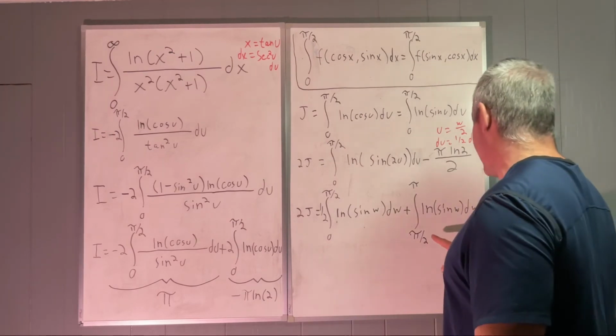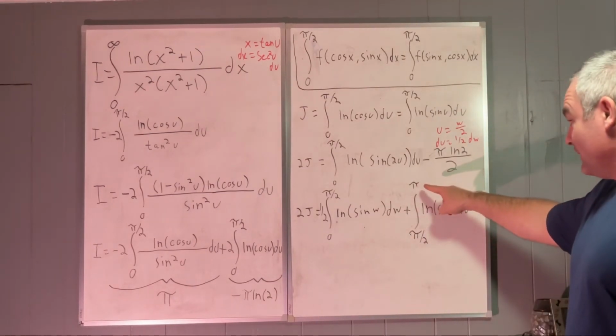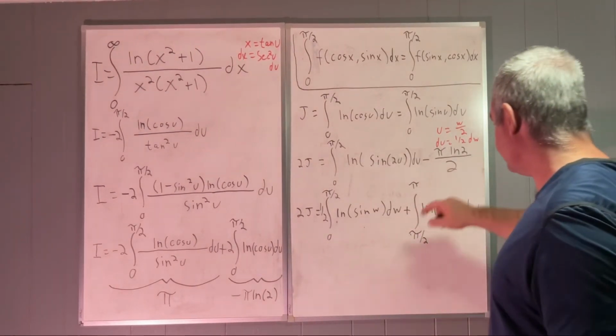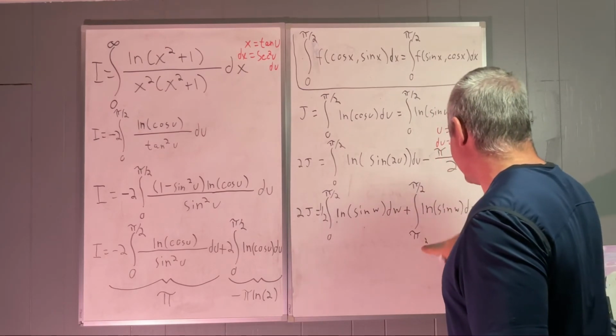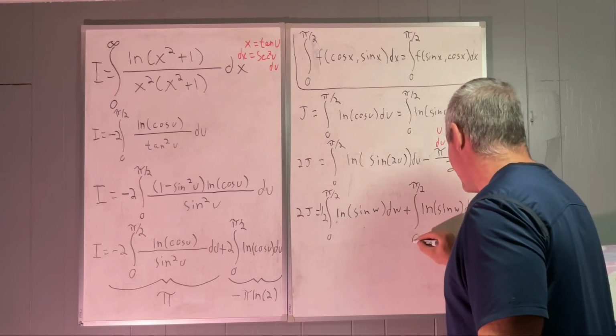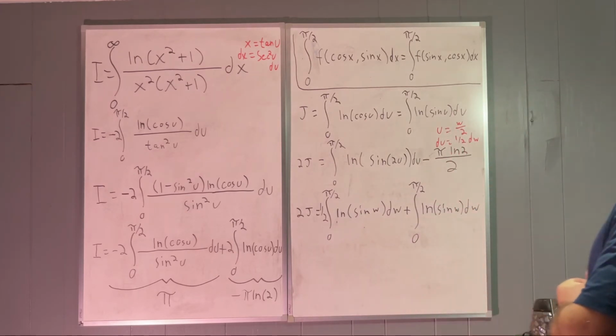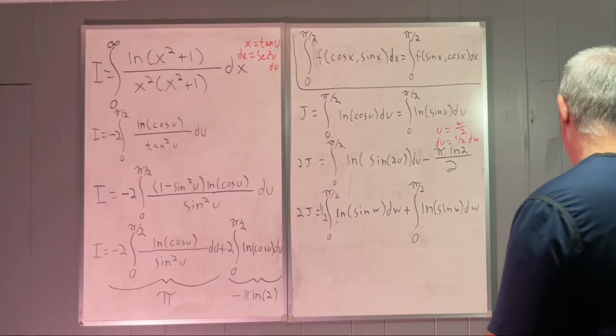What I'm going to do is subtract pi over 2 from both ends of the interval. So the interval will change to 0 to pi over 2. But since I subtracted from the interval, I have to add to the argument.